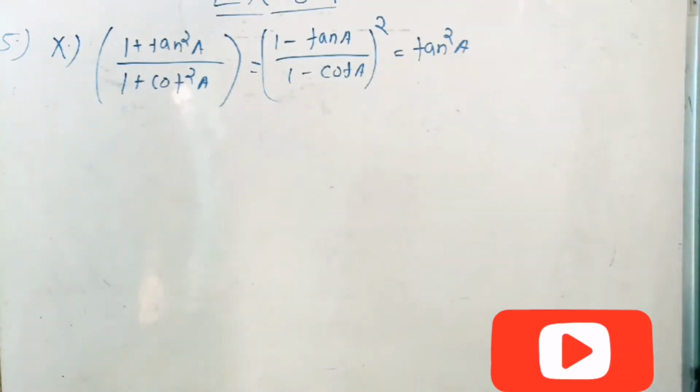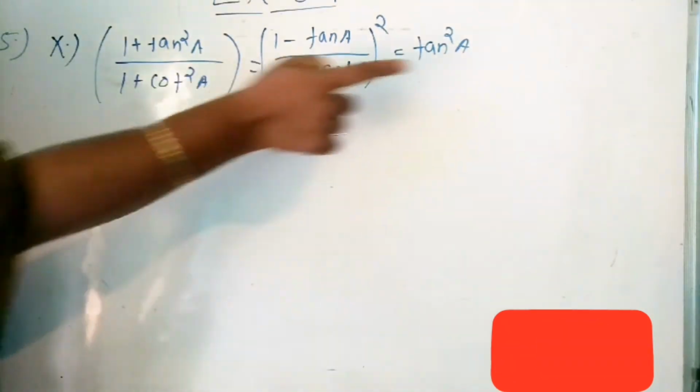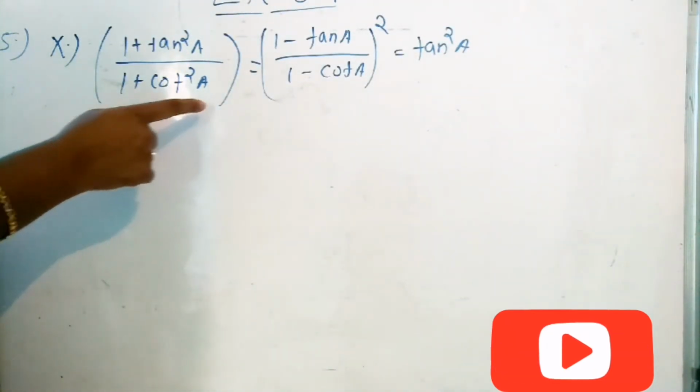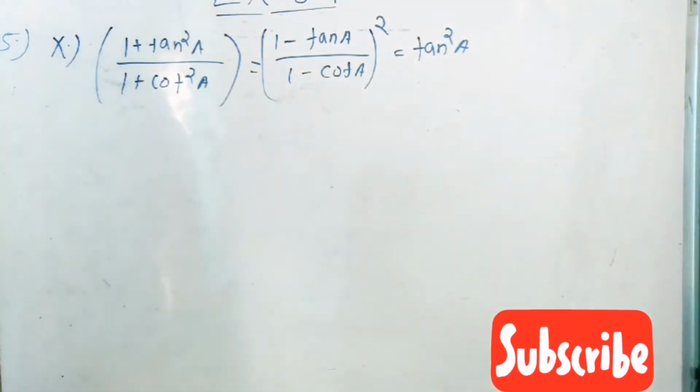So first we will prove the first one is equal to the last one: (1 plus tan square A) divided by (1 plus cot square A) equal to tan square A.